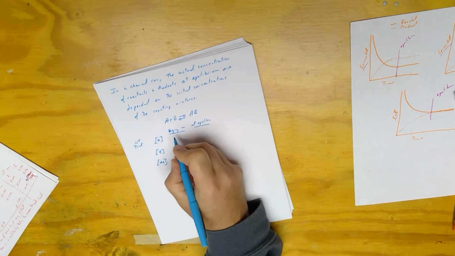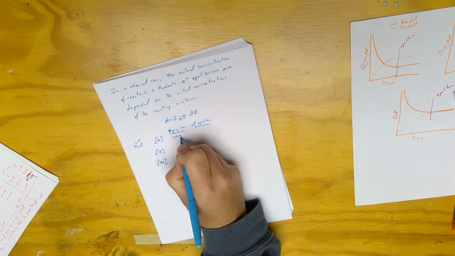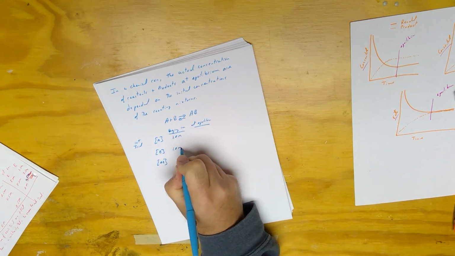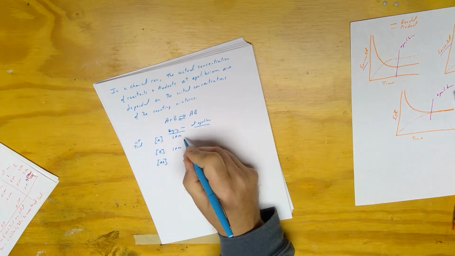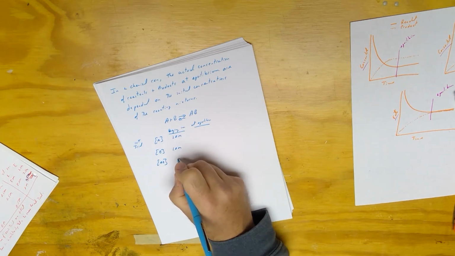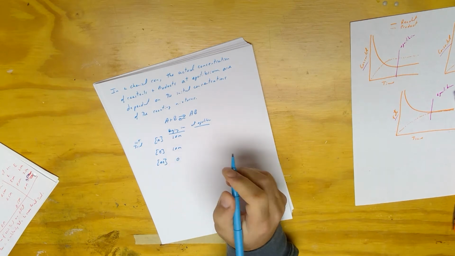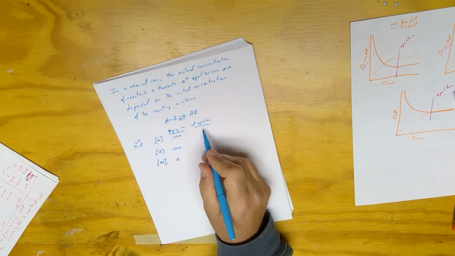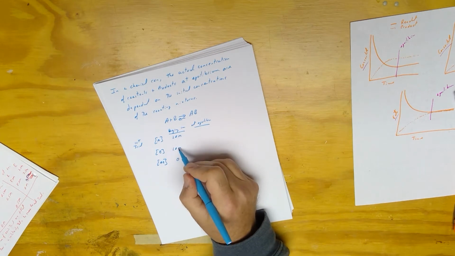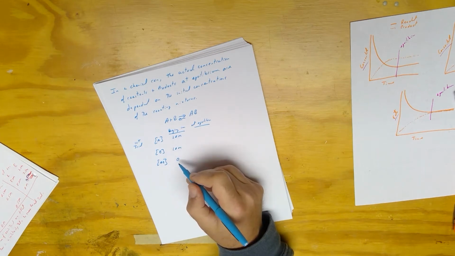So if we start with a 1.0 molar solution of A and B, and none of AB, at equilibrium, these are going to go down, this is going to go up.